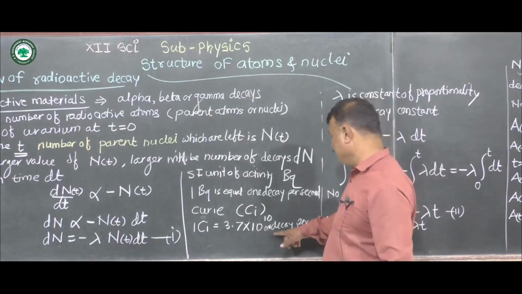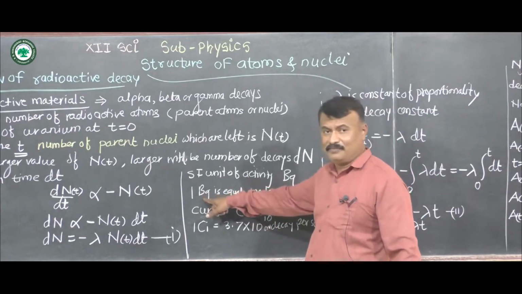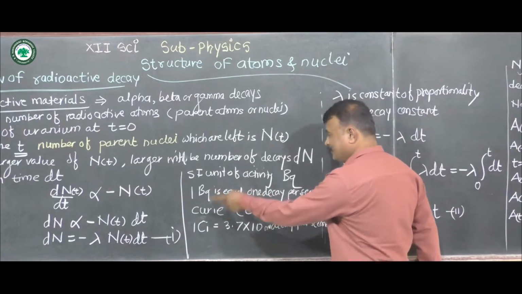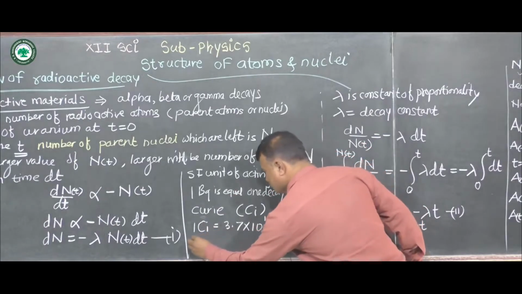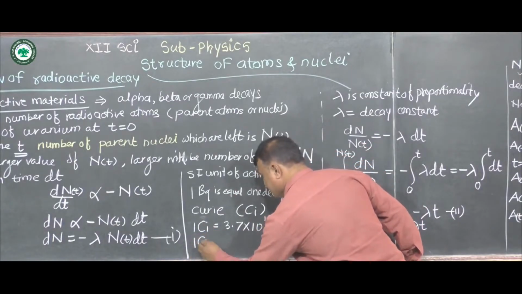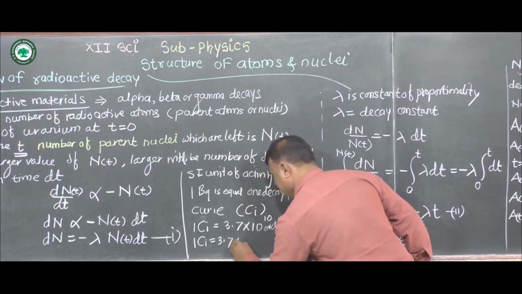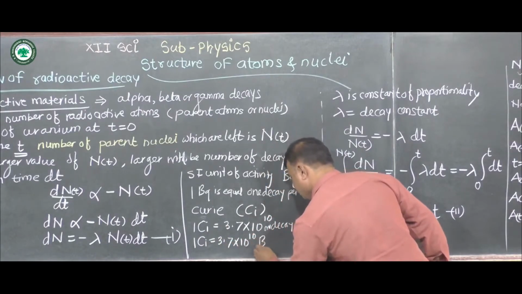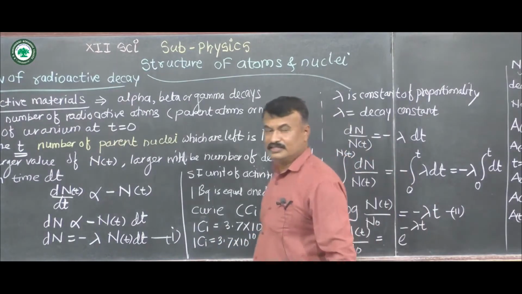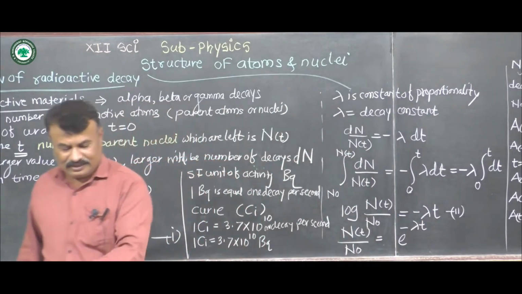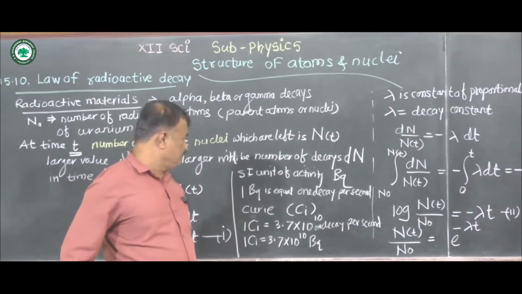But we know that 1 decay per second is 1 becquerel, and therefore we find the relation between Curie and becquerel. So 1 Curie is equal to 3.7 into 10 raised to 10 becquerel. So in this way we get a relation between Curie and becquerel.